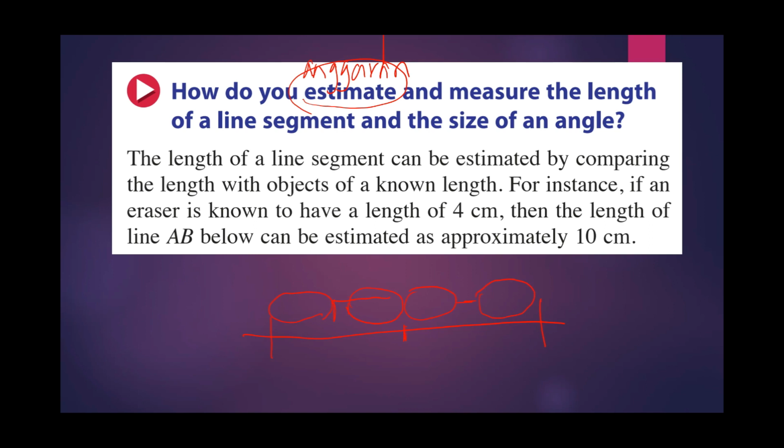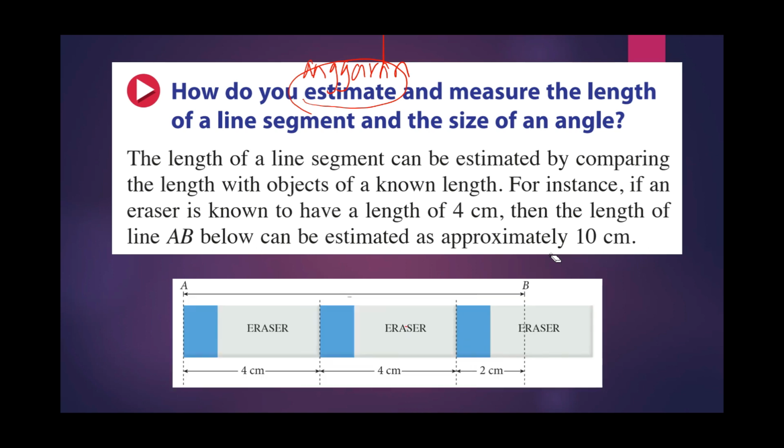Hold on, I rub this off first. So there is an example. I just follow from what you have in your book. Okay, for example, we already know that the eraser is 4 centimeter. So if I want to measure the length of the line segment A to B here, I'm going to use the eraser, put it here, one eraser, 4 centimeter, and then move it to the right again, another eraser, and then I make a marking. Maybe I make a marking here first.